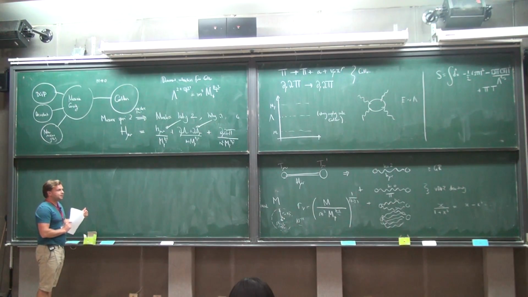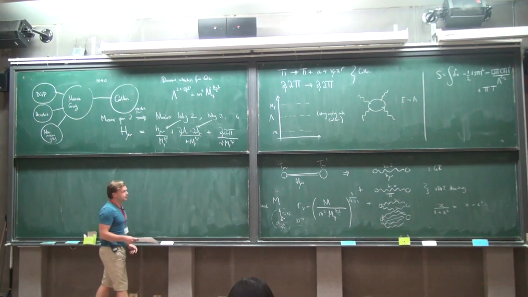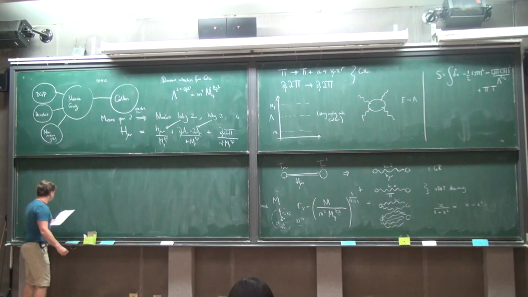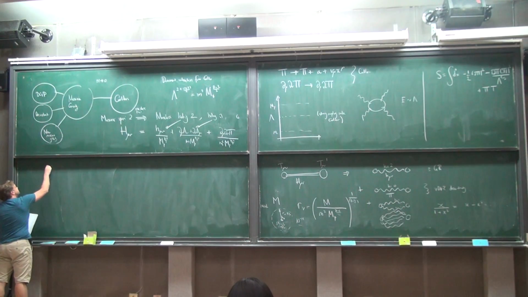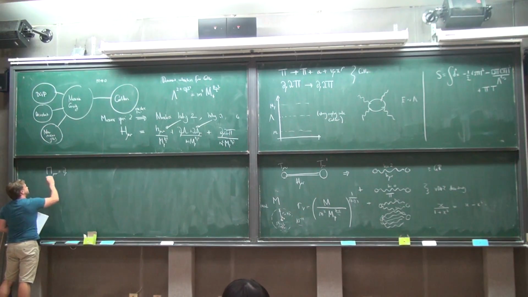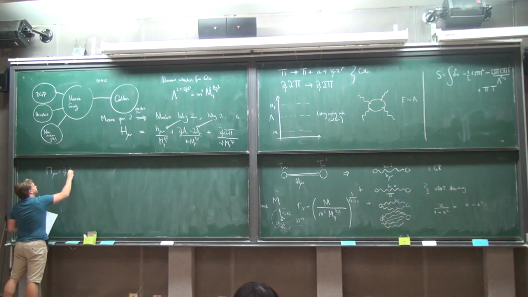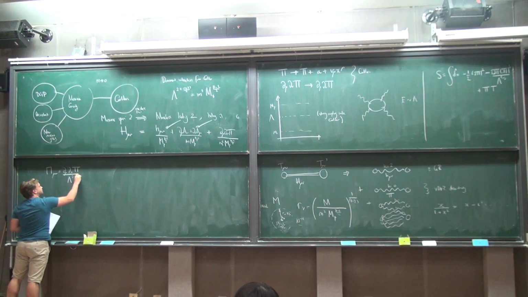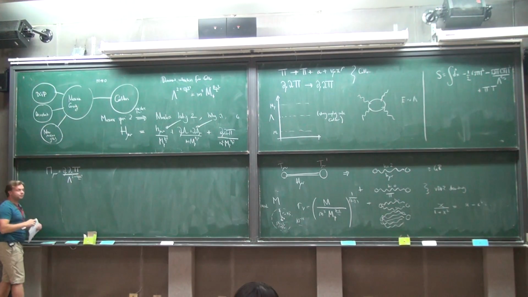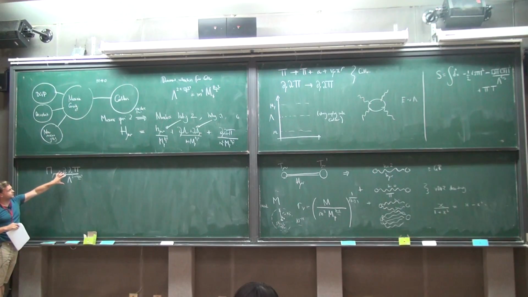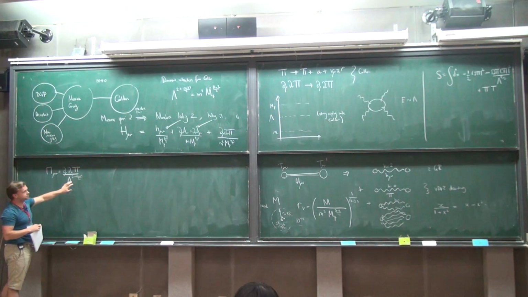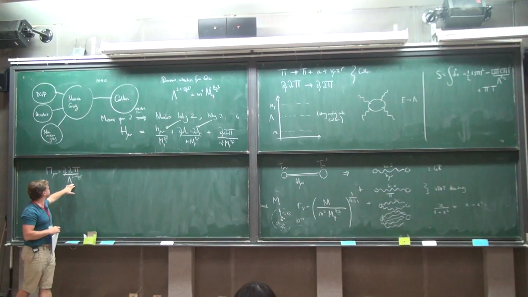Now, let me give you a little taste of the general structure of Galileon theories. And to do that, I'll just introduce a little bit of math, which you've probably seen before. Let me define the following quantity. So this is a capital Pi, which is this double derivative combination of phi over Lambda to the 2 plus d minus 2 over 2. So this is a Galileon invariant combination, because there are two derivatives here, suppressed by the natural scale you have in d dimensions.